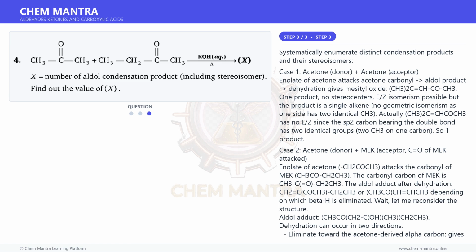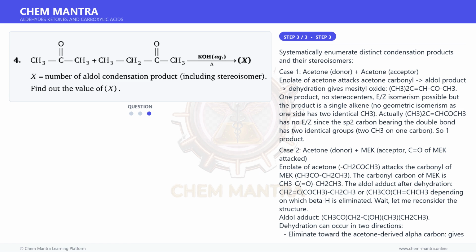Case 6: MEK CH2-side enolate plus MEK acceptor. The enolate from the CH2 of MEK, alpha to C=O on the ethyl side, CH3COCH–CH3, attacks the MEK carbonyl, the C=O carbon of another MEK molecule.